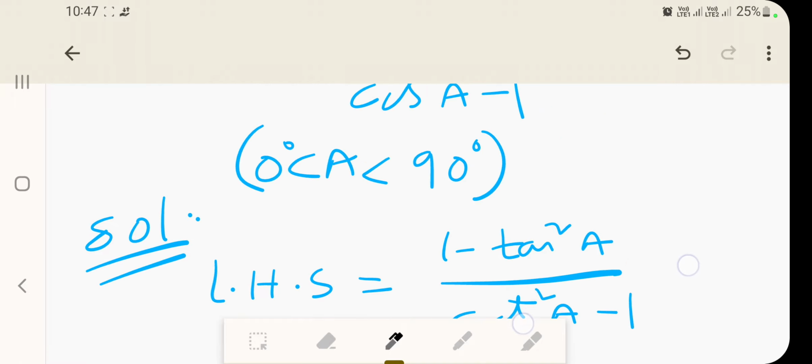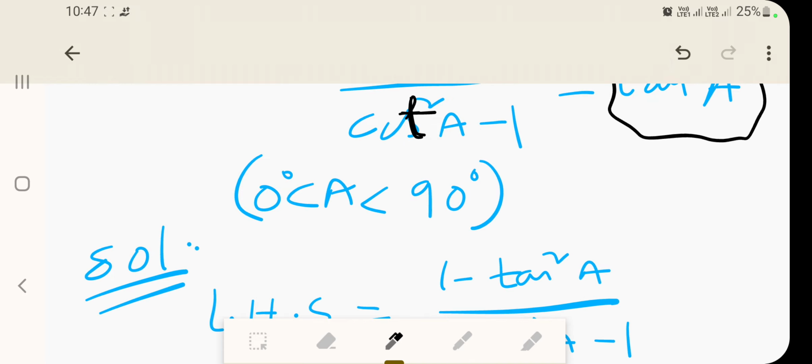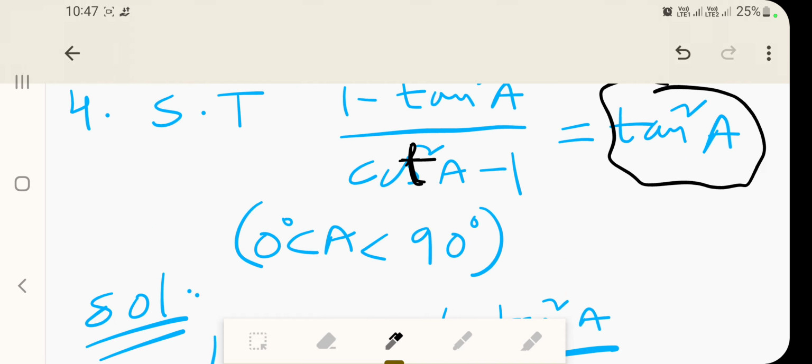You may get a doubt about how we decide where to start. You can see the right hand side, they are asking just tan square A. So if you are able to change the tan square A of the left hand side in terms of sin by cos, and the cot square A in the denominator, cot square A minus 1, also in terms of cos by sin, then after 2-3 steps we can bring it in terms of sin by cos, and finally get the right hand side.